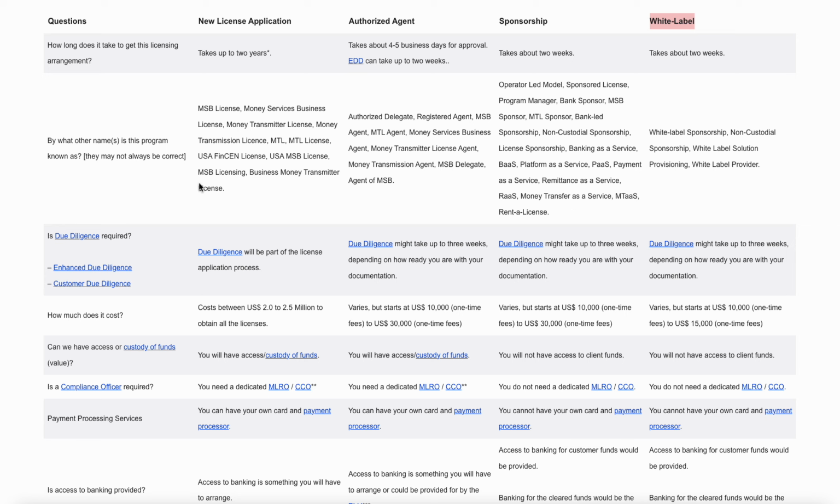You have to choose one of these four columns, the one that you would like to seek an arrangement with.